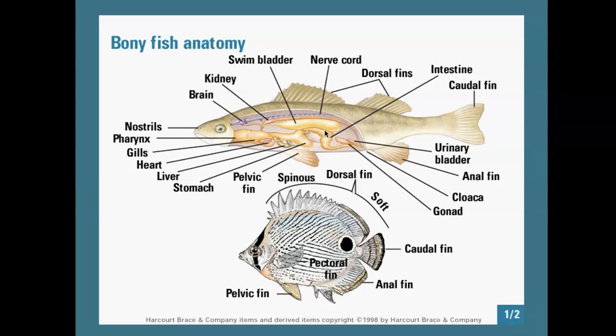Kind of interesting, but we'll see that more in lab. Just to give you an overview of some of the things you're going to see in lab, the mouth is going to lead into a pharynx, just like us. And then that pharynx will lead down into the stomach. These guys typically will have a J-shaped stomach. We'll talk about why that is in lab.